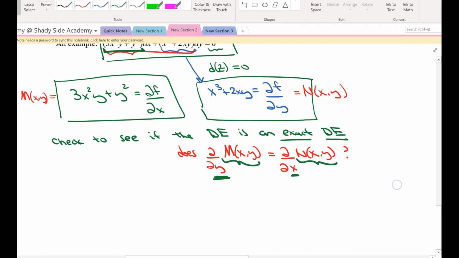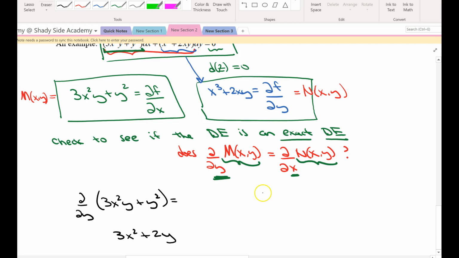It actually sounds worse than it is, I absolutely promise. So let's check and see if this is an exact Diffie-Q. We're going to take the derivative with respect to y of the partial derivative with respect to x, and what we get here is that this equals 3x² plus 2y.